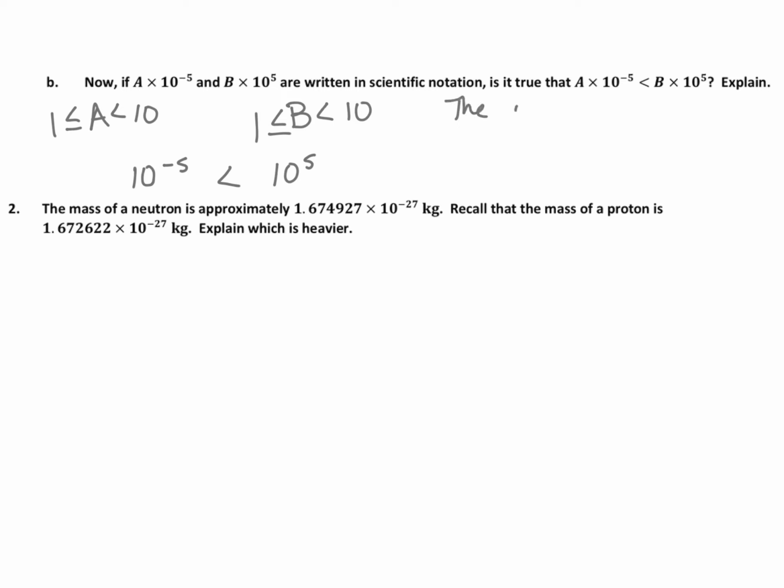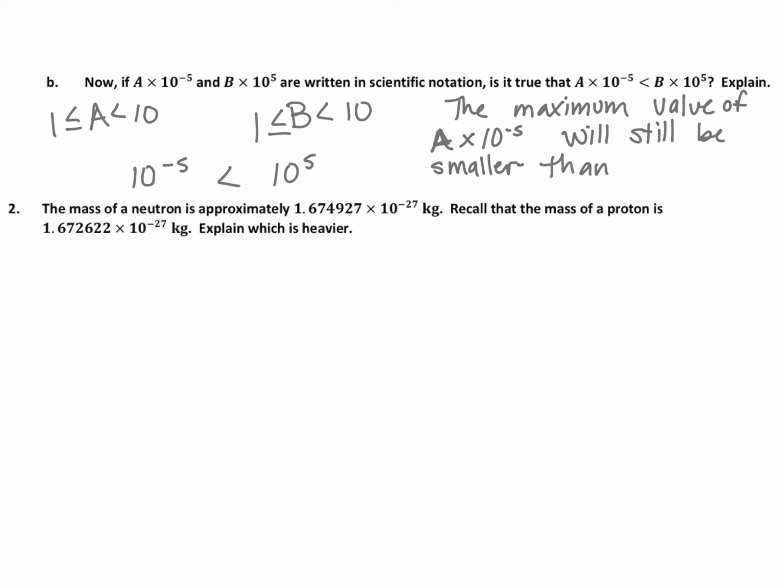We can say the maximum value of a times 10 to the negative fifth will still be smaller than the minimum value of b times 10 to the positive fifth.